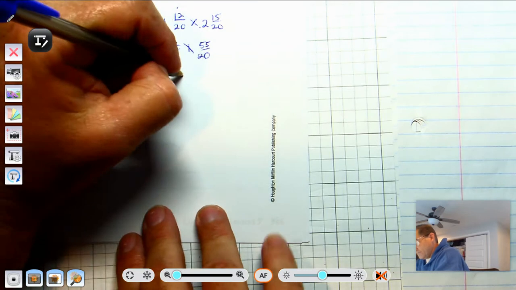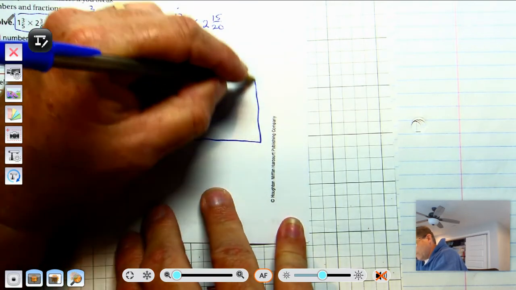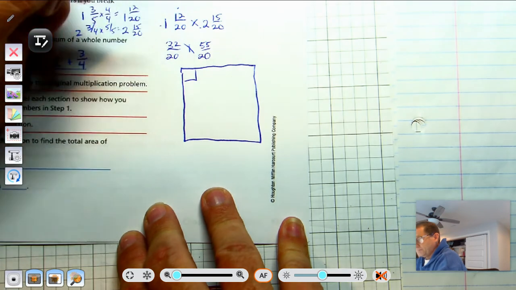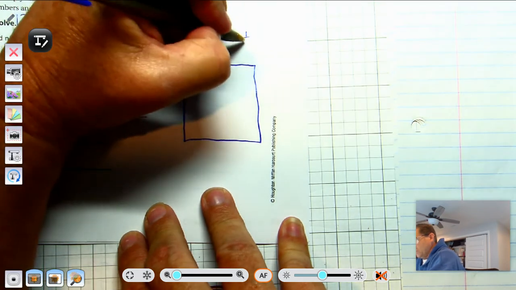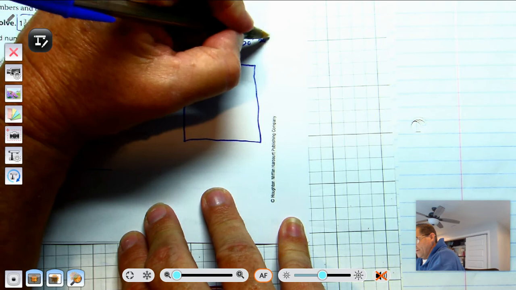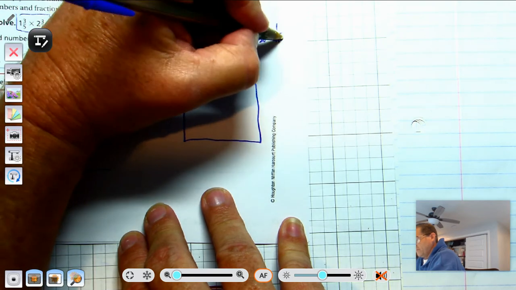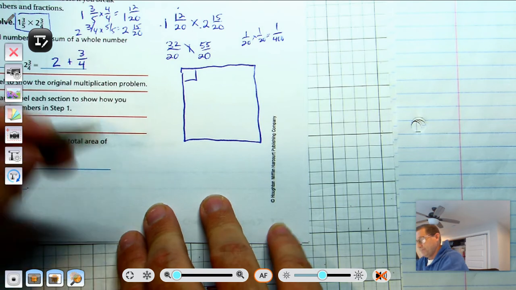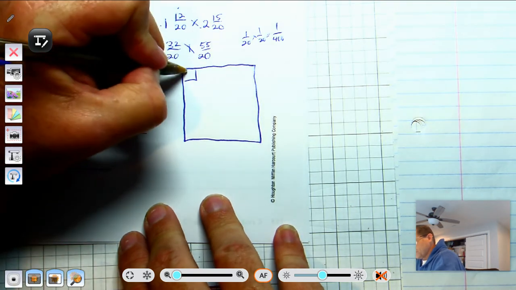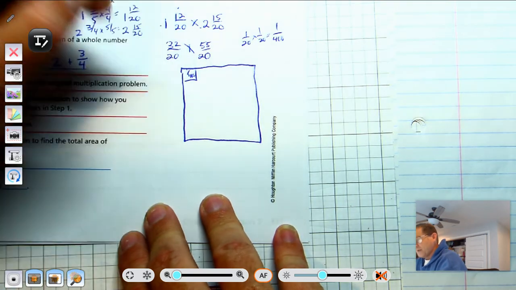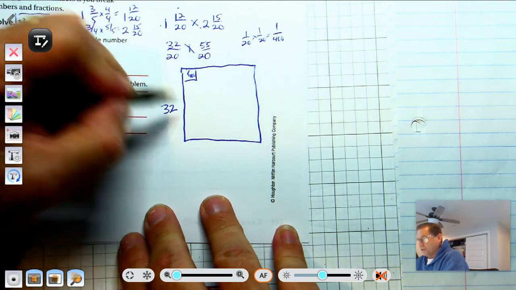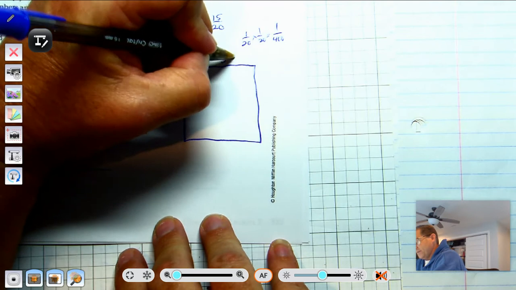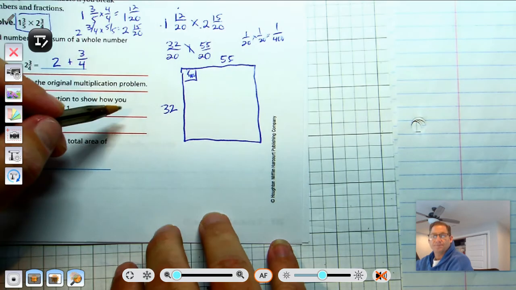If we draw the model now, each of our squares would be 1/20th times 1/20th, or 1/400ths. I have 32 this way, and I have 55 this way.